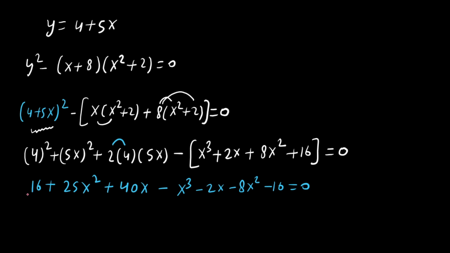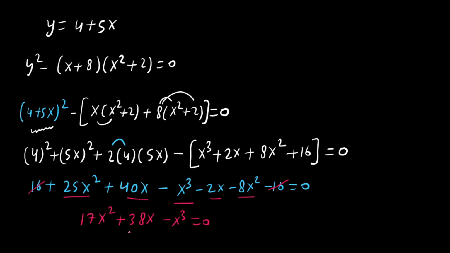Here this plus 16 and this minus 16 cancel out. 25x square and here minus 8x square is 17x square, 40x minus 2x, that is plus 38x, and here minus x power 3, this is equal to 0.